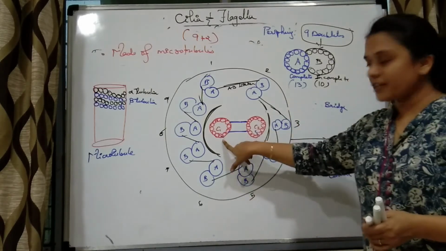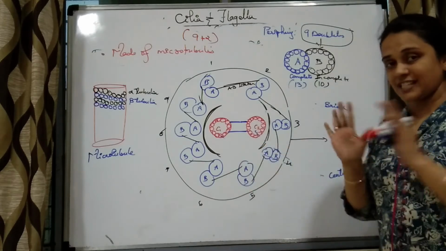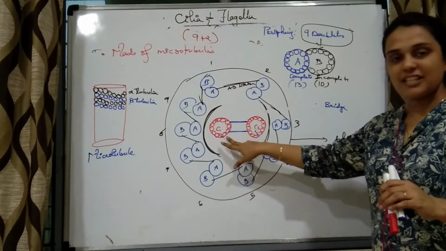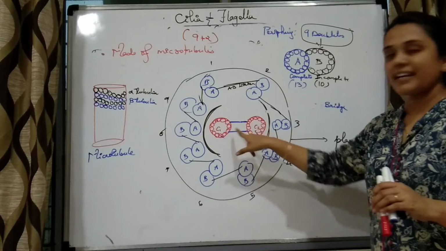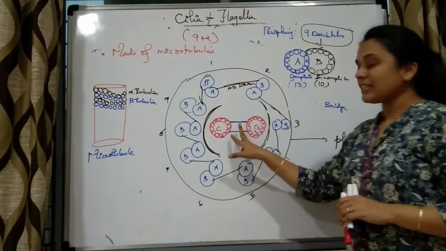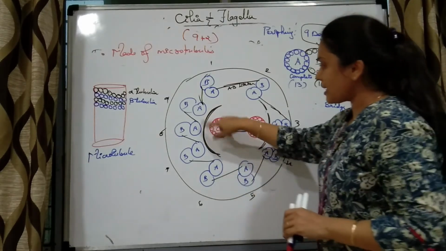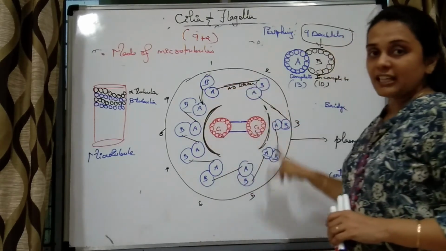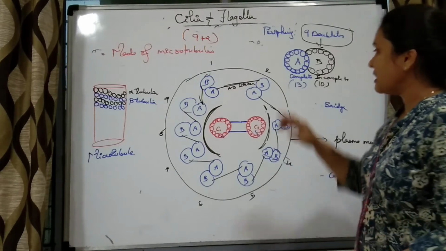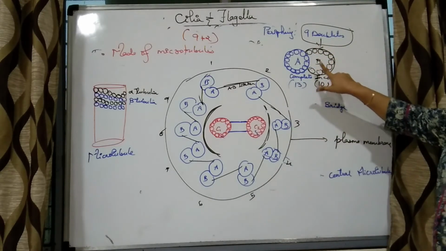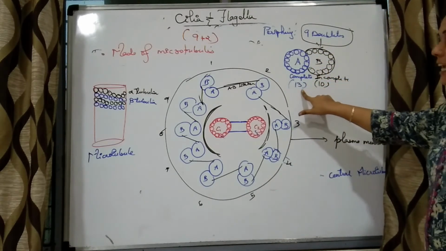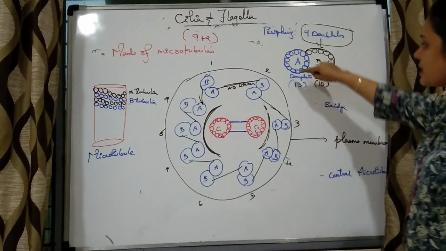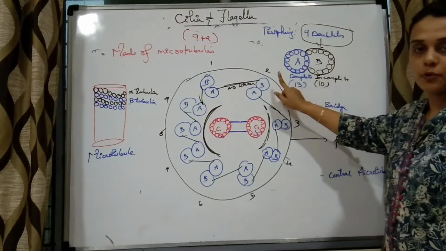So in the center there are two separate microtubules, C1 and C2, which are connected by a bridge. That is the central bridge, surrounded by a proteinaceous hub. In the periphery 9 doublets are present, which means there are two microtubules. A is complete, which means it is made up of 13 tubulin proteins.